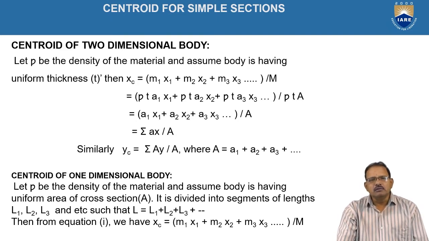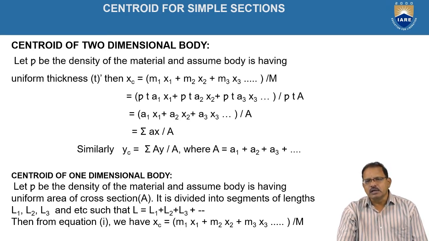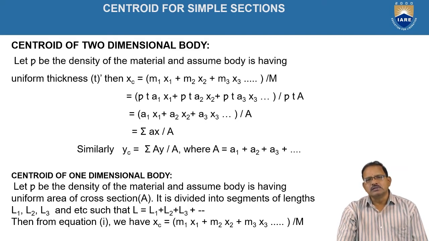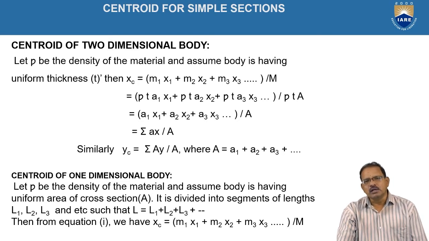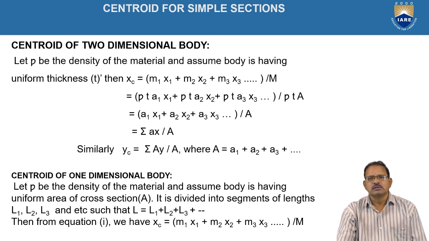Similarly, in order to locate the centroid of a one-dimensional body, let us consider a uniform wire whose cross section remains constant. Assume that the entire length is divided into an infinite number of elements, each having lengths L1, L2, L3 and so on. So the total length of the object is given by L equal to L1 plus L2 plus L3 and so on.